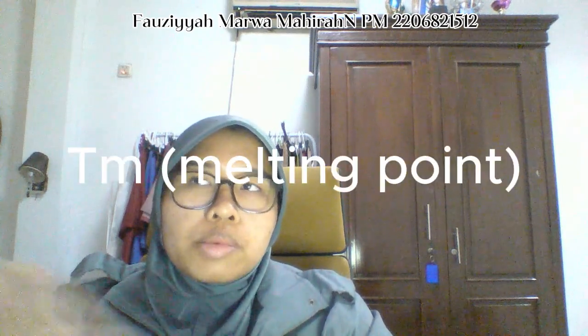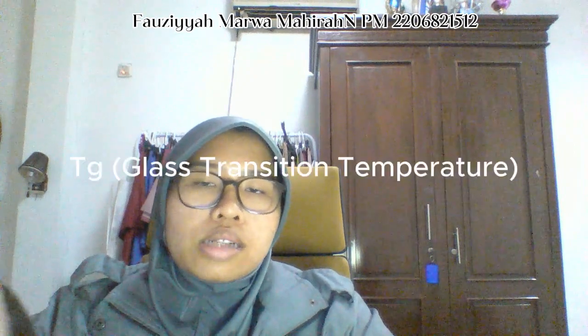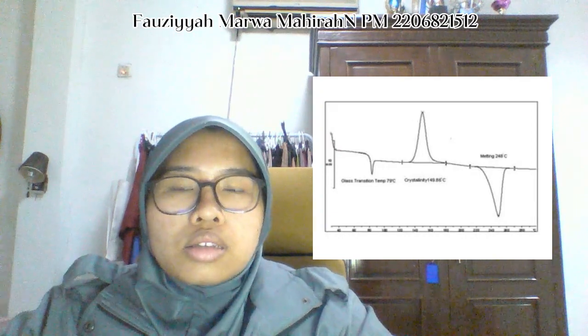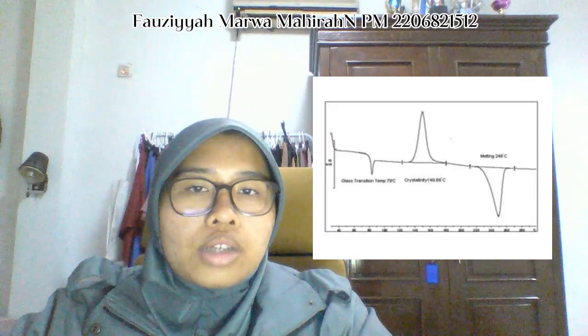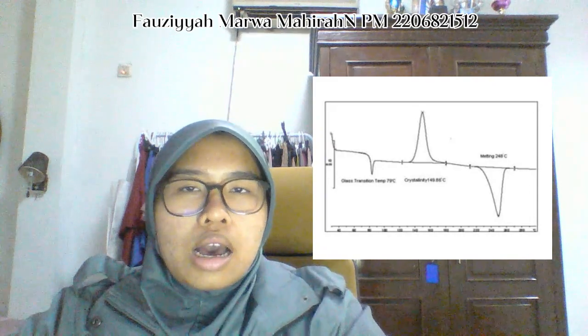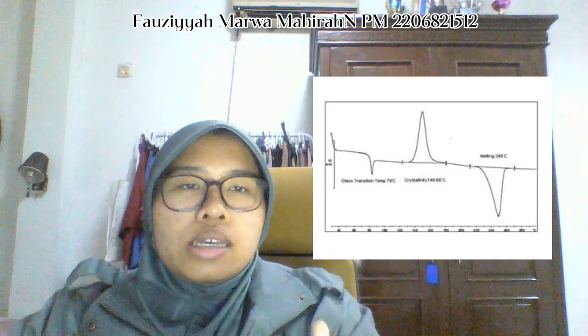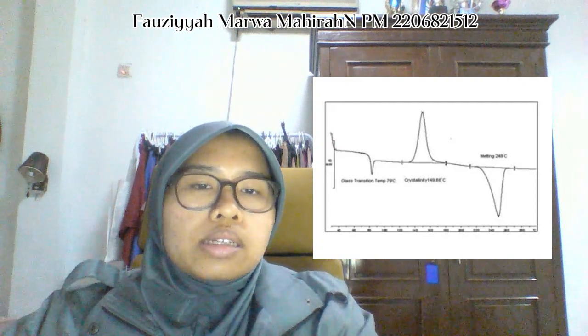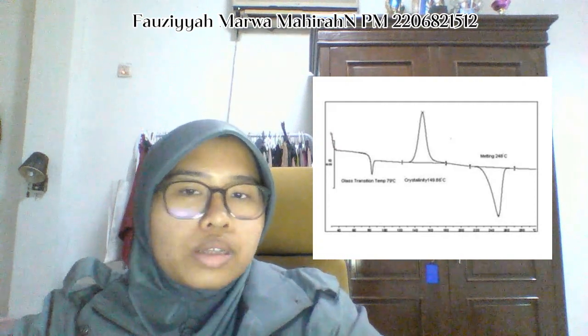Actually, when talking about crystallinity in polymers, we cannot skip Tm and Tg. Tm is the melting point and Tg is the glass transition temperature. In this graph, you can see the different phases from amorphous, semi-crystalline, and crystalline, and the temperatures between them.